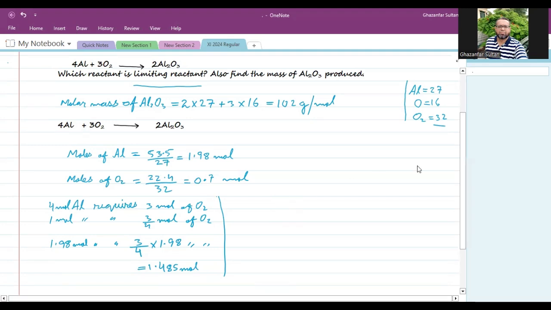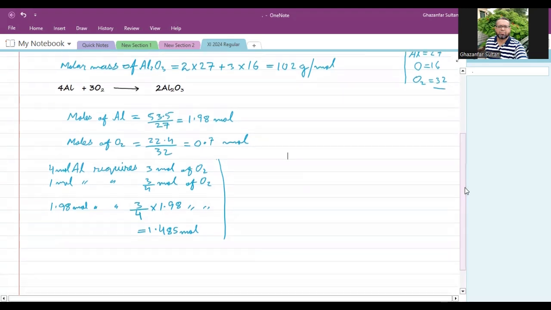So we can find here that oxygen is given in a lesser quantity as compared to the required one.